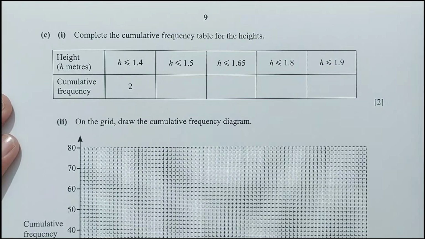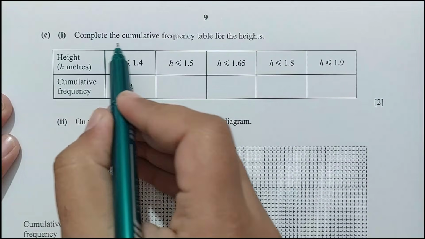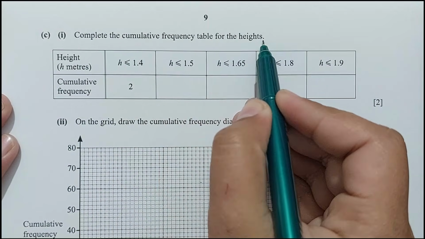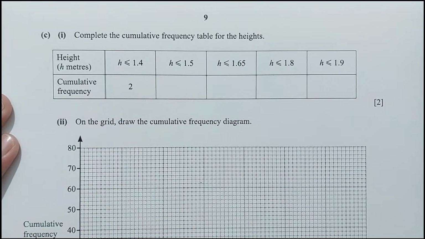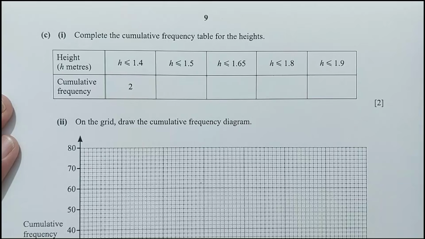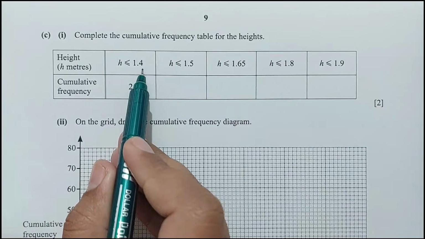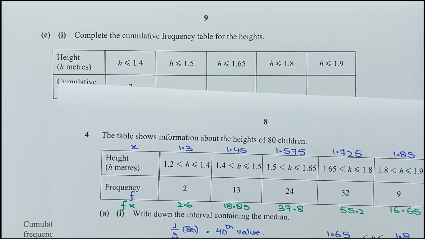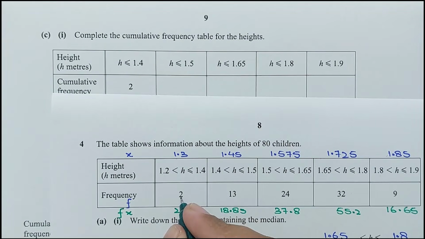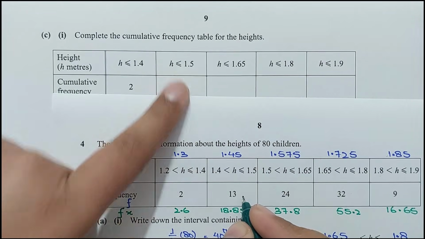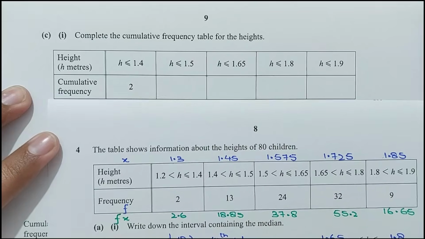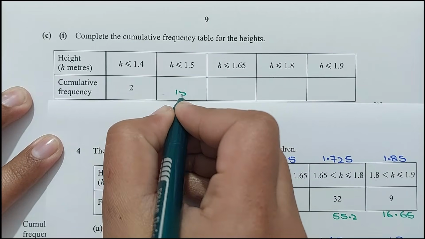Right. Now for part C, number 1, complete the cumulative frequency table for the heights. The heights we have given and the cumulative frequency. Okay. When the height is 1.4 or less than 1.4, the cumulative frequency we have given is 2. So it's 2. And then for 1.5, it is 2 plus 13, which is 15.